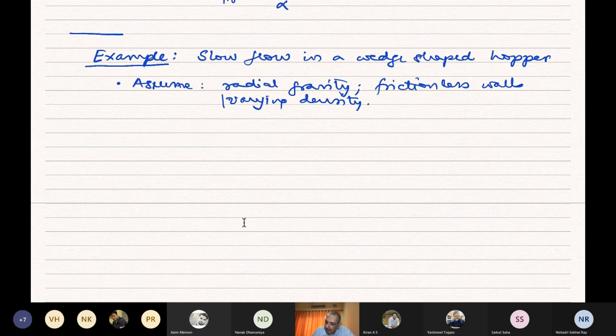So this part requires us to use the critical state theory.